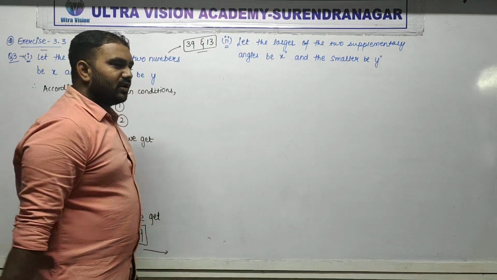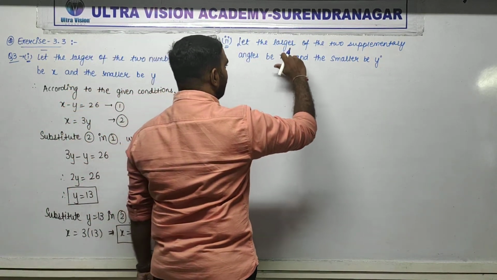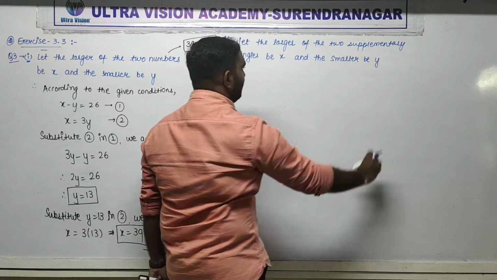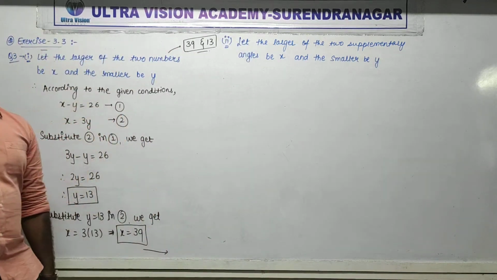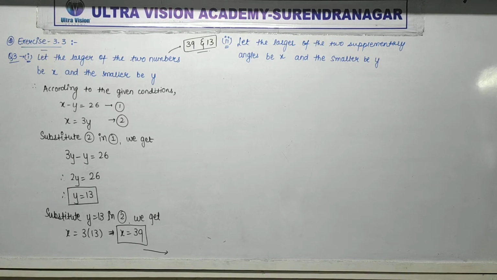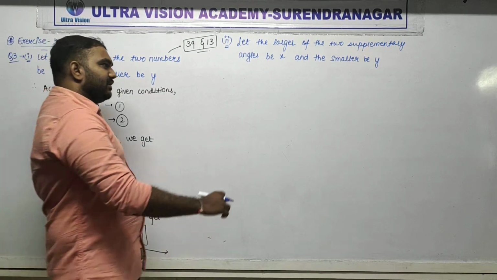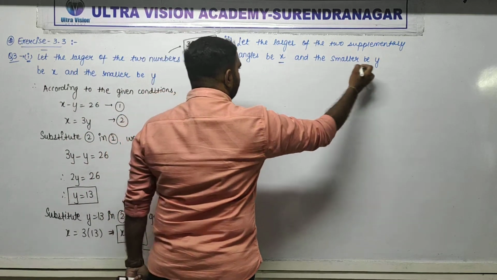Or you can also call them x and y. No need to write down the degrees. Let us say that the larger of the two supplementary angles be x and the smaller be y. So we got both of them here.